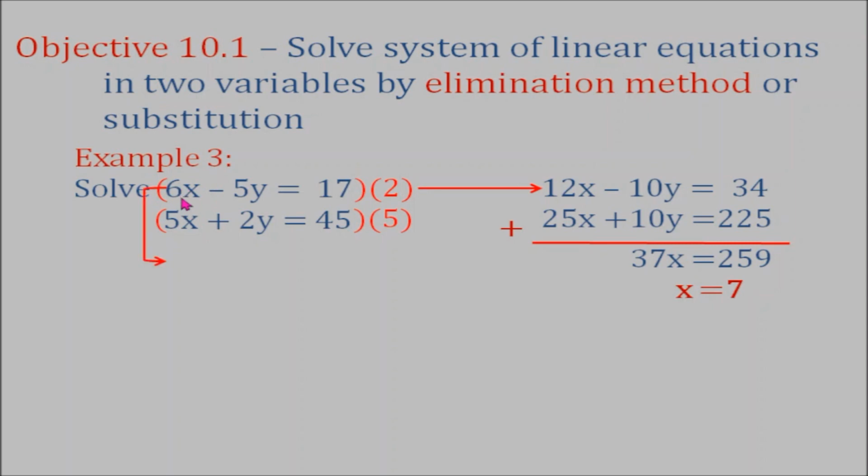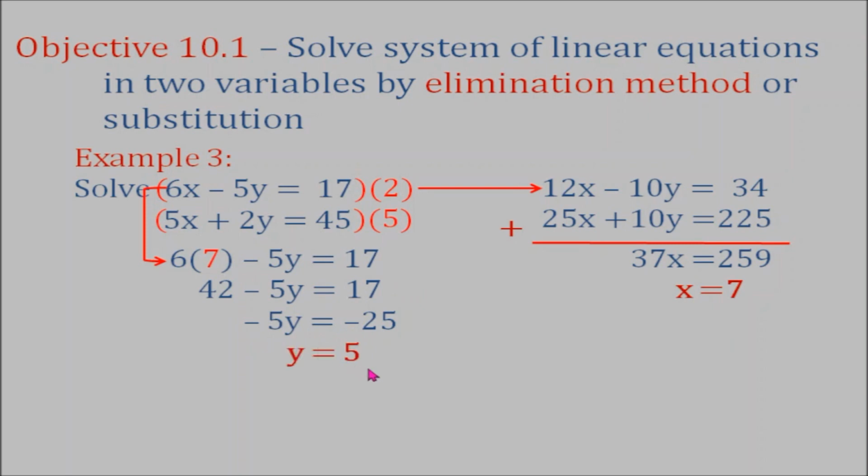Using the first equation, we have 6 times 7 minus 5y equals 17. 6 times 7 is 42, so we have 42 minus 5y equals 17. Now subtracting 42 from both sides, we have negative 5y equals negative 25. Dividing both sides by negative 5, y equals 5. So this is our answer: x equals 7 and y equals 5.